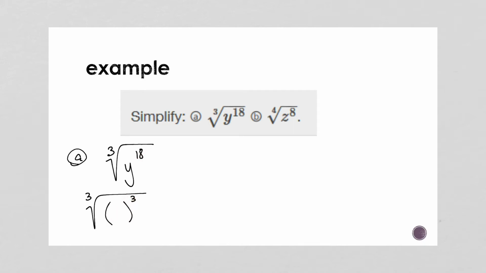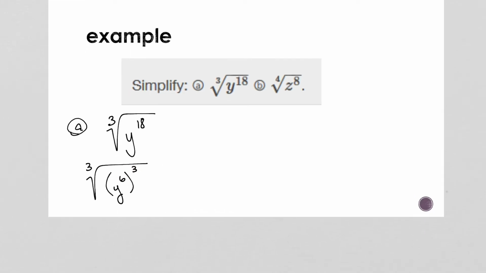Well, 18 divided by 3 is 6, right? So this would be y to the 6th, because remember, whenever you have a power raised to a power, those powers get multiplied. So this 3 cancels this 3, and we are left with y to the 6th power, and that is our final answer on A.